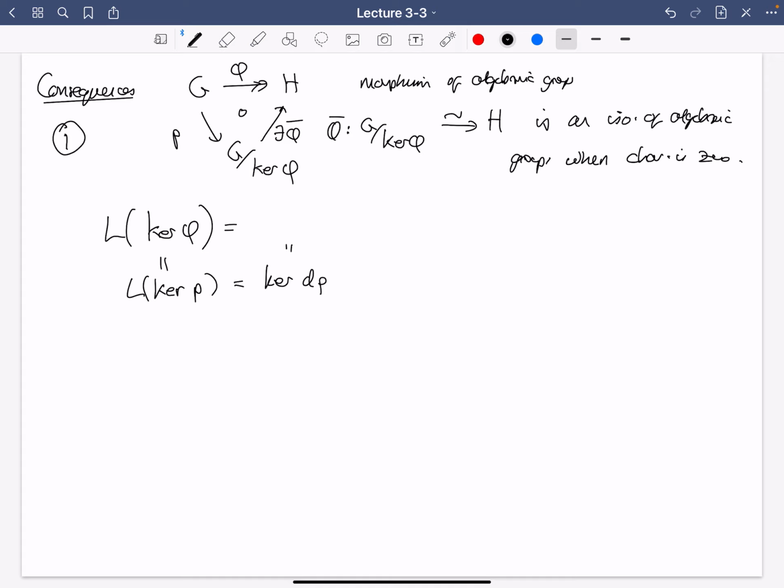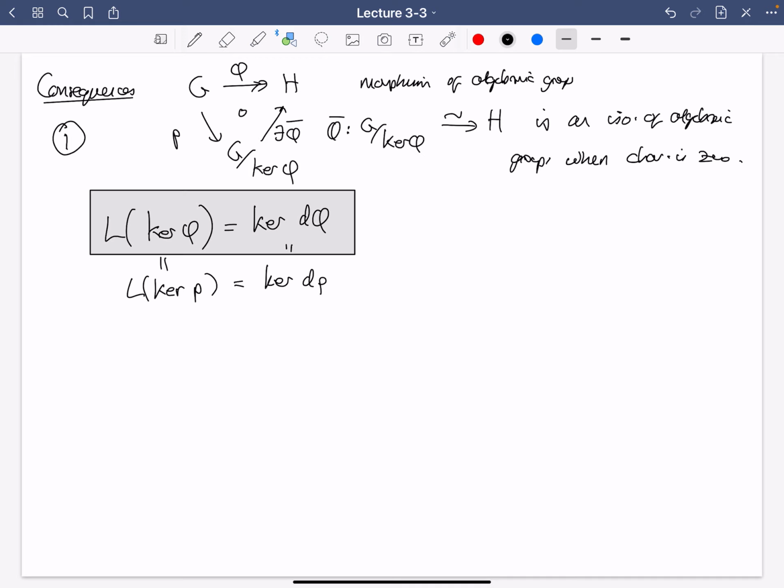And so the fact that this phi bar is an isomorphism of algebraic groups in this commuting diagram means that the Lie algebra of the kernel of phi is exactly the kernel of the differential of that phi. So that's the first important property.